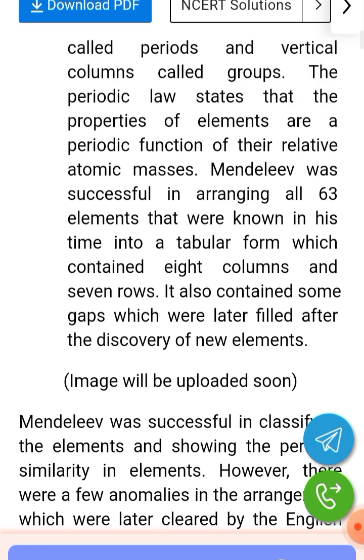Now remember, we said the modern periodic table contains 18 columns and 7 rows. So you can take note of that. So this is similar to the modern periodic table. The work done by Mendeleev was what the modern periodic table was coined from.